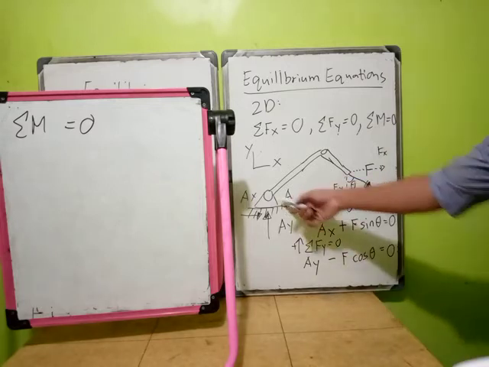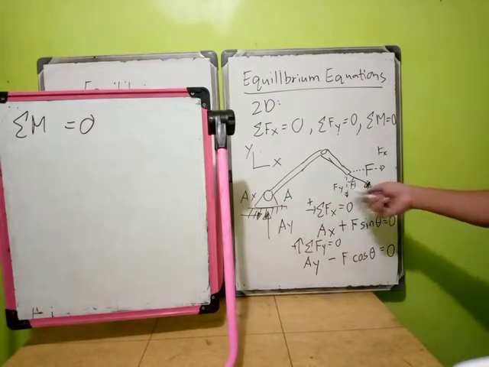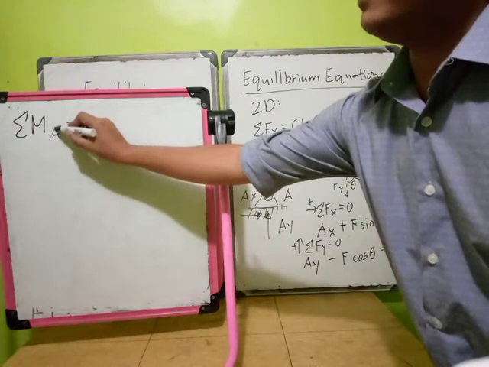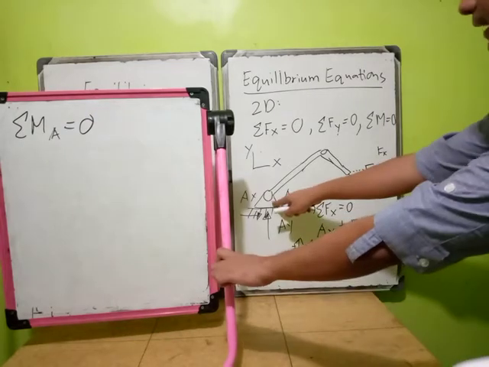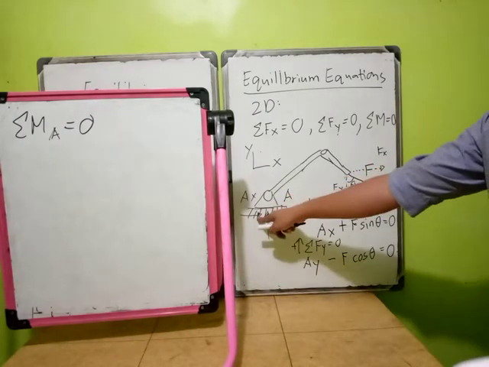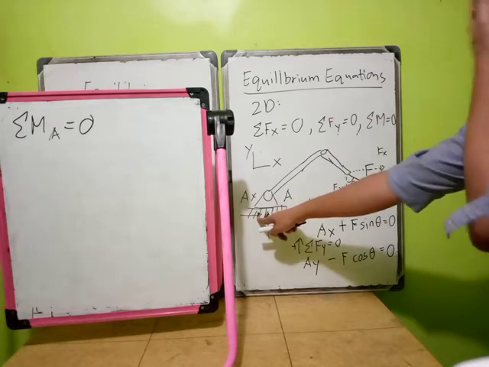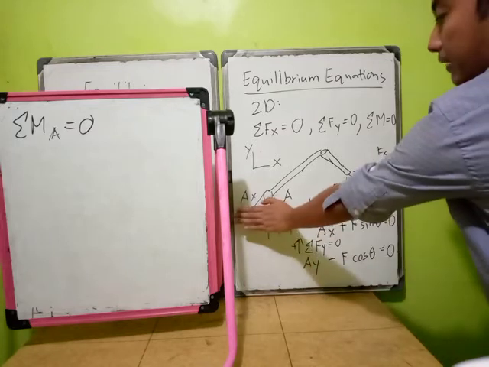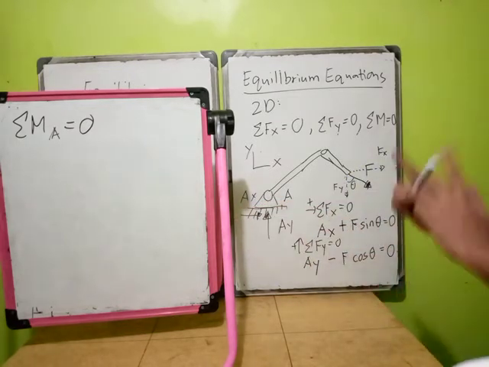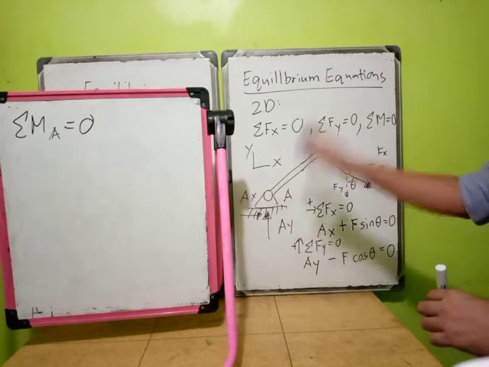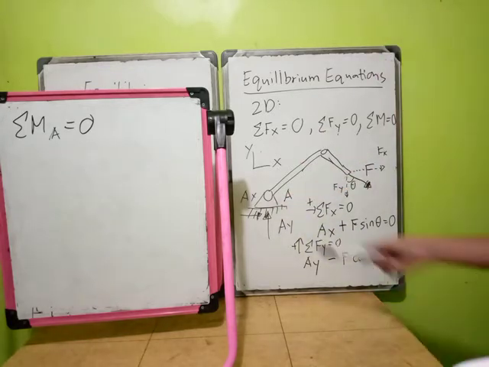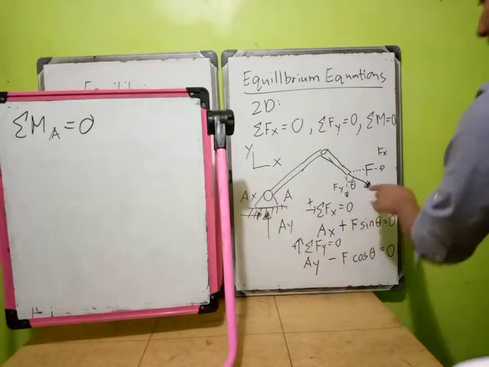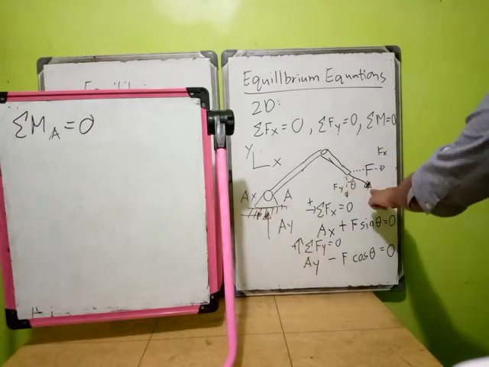Sabihin natin, sa A tayo, mag-sum up moments. Okay, bakit? Kasi dalawa yung forces dito. Kapag nag-summation of moments ka, maneneglect mo yung mga forces sa point na yan. Kaya yung technique mo is hanapin mo yung may pinakamaraming forces na nakakabit sa kanya. For in this case, ito, yung sa A. Dalawa. Kapag nag-sum up moments ka, ito lang yung F yung matitira.